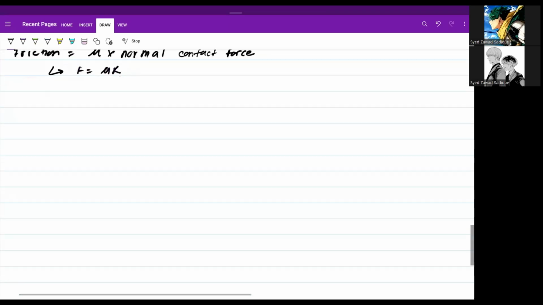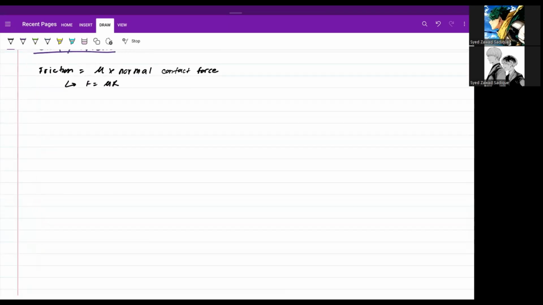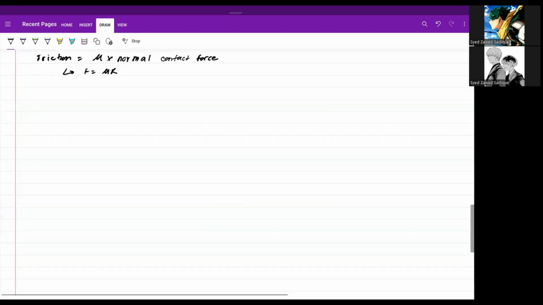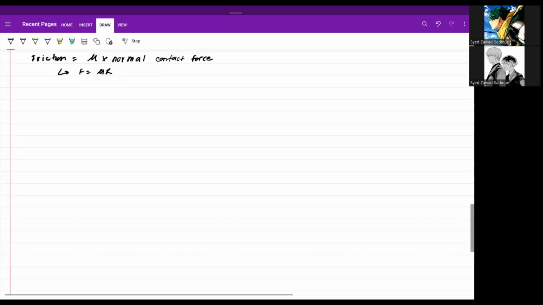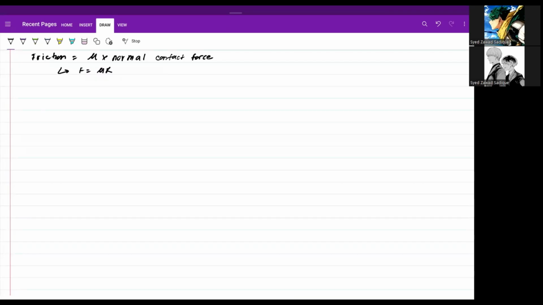Now I'm going to draw the same diagram as I have drawn before. Imagine the same slope at angle theta with mass m kg. This is going down, so it's going to be mg.